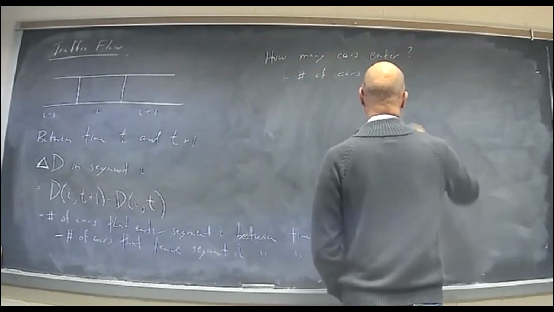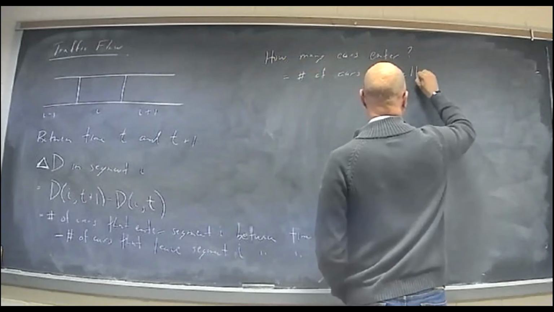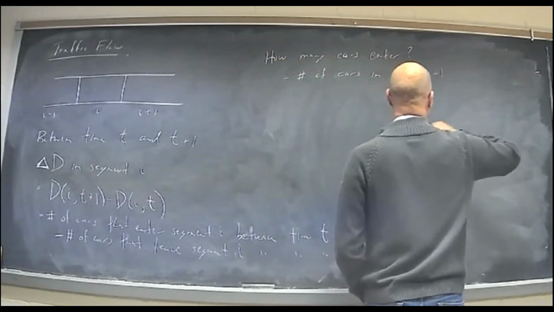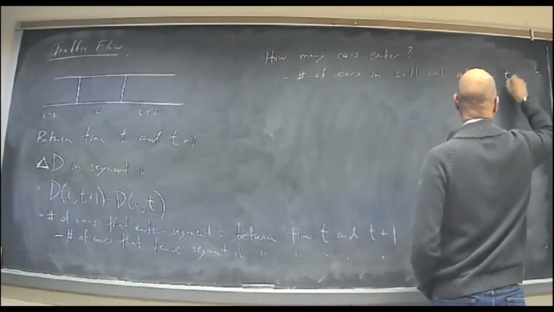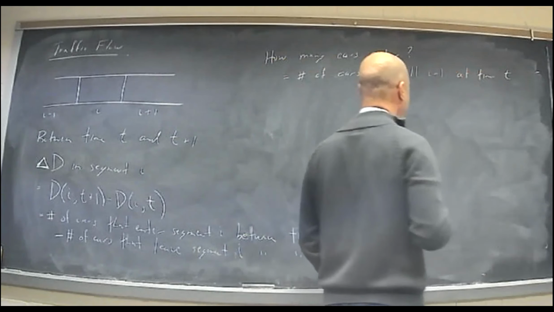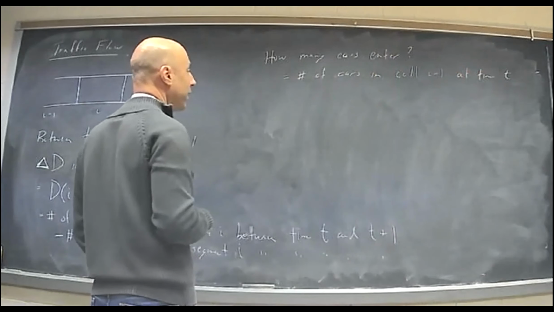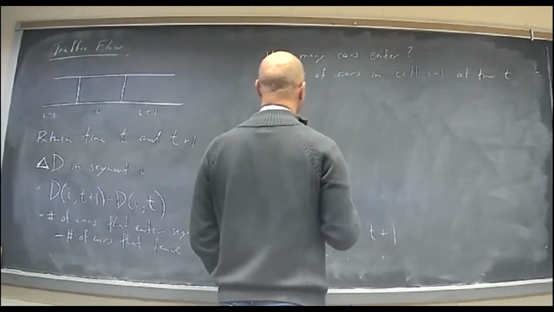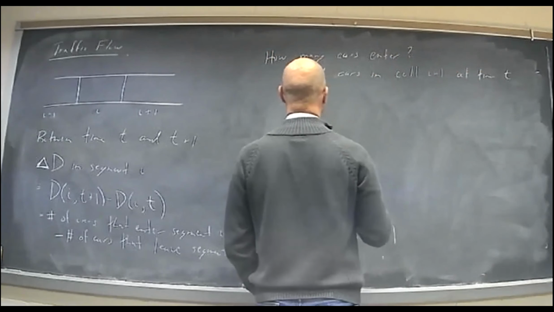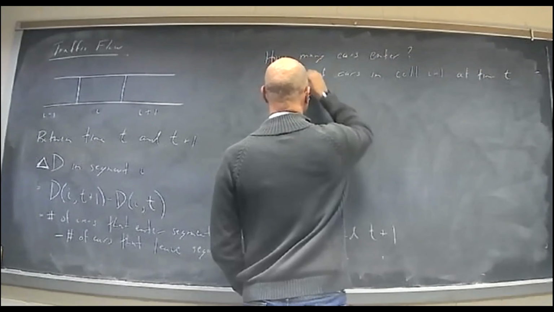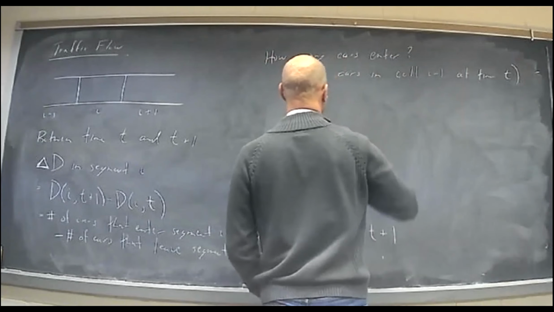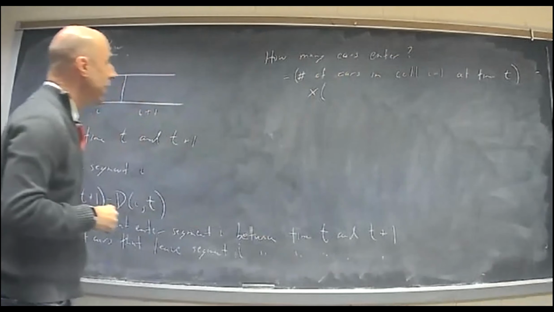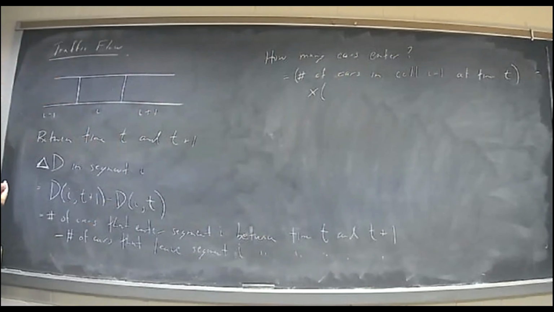Number of cars in cell i minus 1 at time t, times the speed in terms of miles per minute.